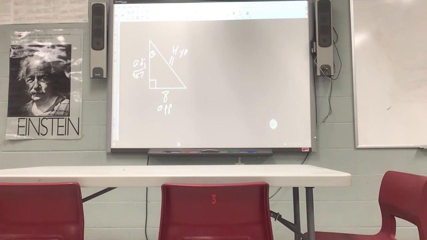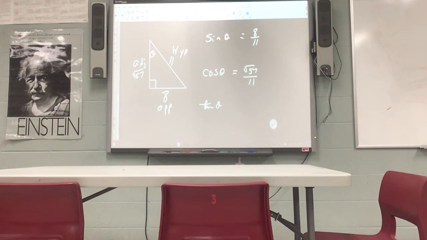Okay, so let's get ready for our first 3. Sine is opposite over hypotenuse. That's easy work there. Cosine is adjacent over hypotenuse. Is that okay to leave that like that?